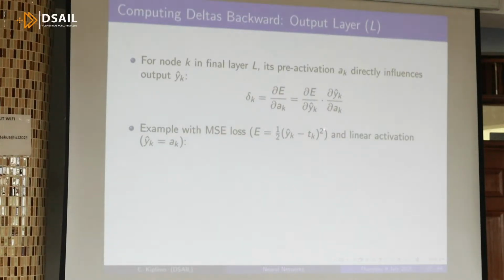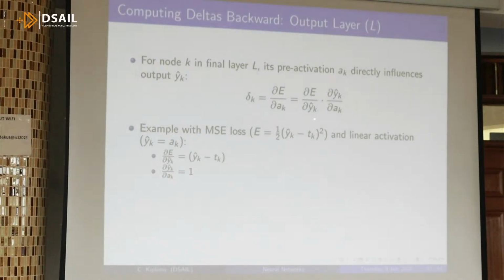If you perform this derivation, dE/dyk is really yk minus tk. In fact, it's one of the reasons why this 1/2 is here conveniently. When you perform this derivative, the 2 comes down and multiplies the 1/2, and then the derivative of yk minus tk is a chain rule operation. It becomes yk minus tk.